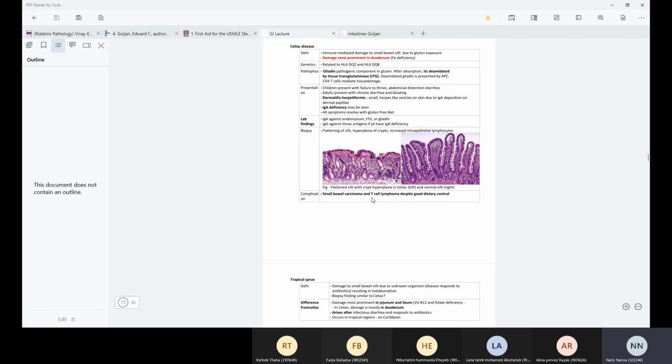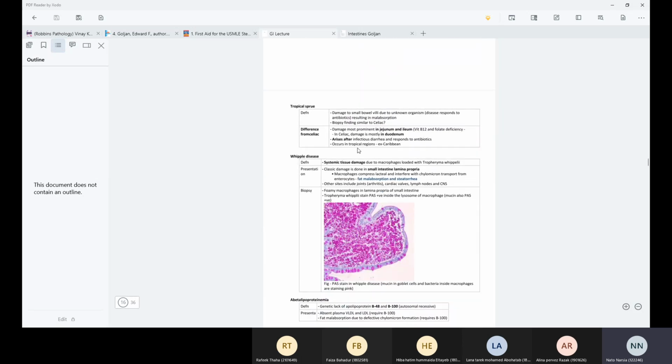T-cell lymphoma is more common. Otherwise, carcinoma you should not find, guys, and more commonly it will be carcinoid. But lymphoma is a pure complication of celiac disease. Despite good dietary control, it does not matter whether you control it or not, the risk of the tumor is there.